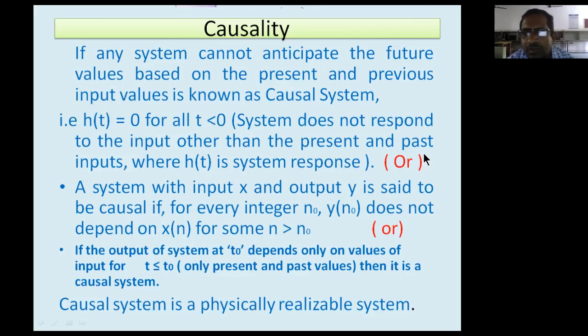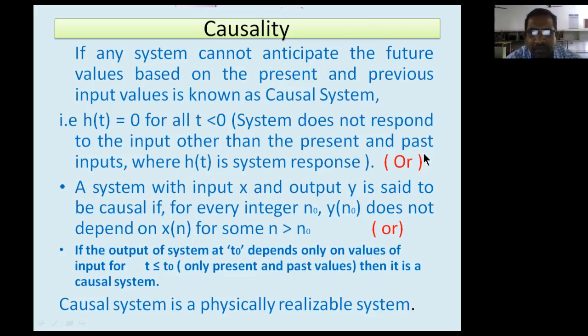What is meant by n greater than n naught? Future values of n. If n naught is the limit for the input presently, then n greater than n naught are known as future inputs. So y of n does not depend on x of n for n greater than n naught. Then that system is simply known as a causal system for us.